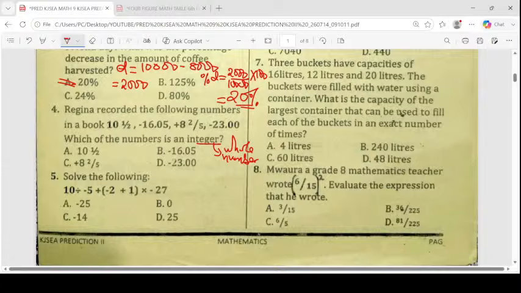So when you look at choice A, these are decimals and a mixed fraction, so this one is wrong. This one is also a mixed fraction. This one here is a decimal number. Negative 23.00 is just a whole number, which can be said as negative 23. So this one is correct. The most correct answer here is D for dog.